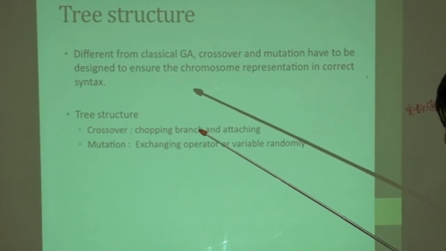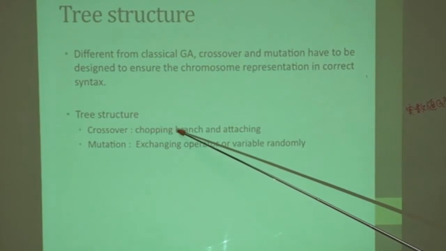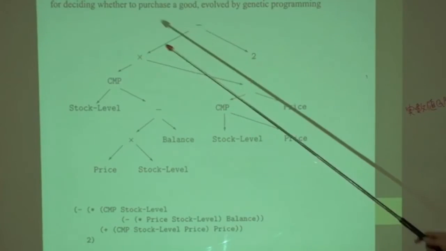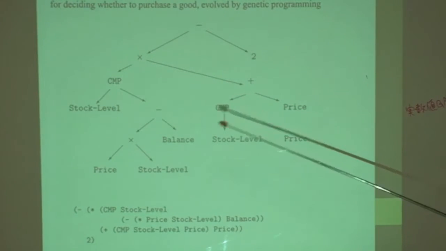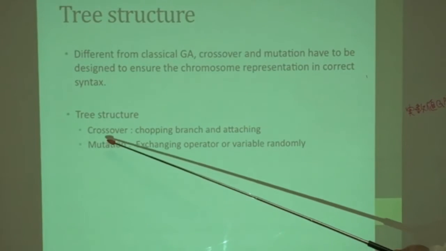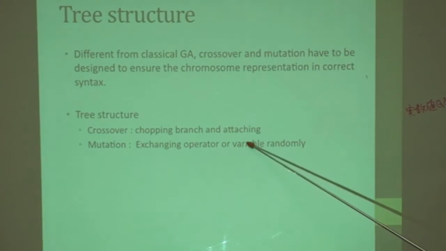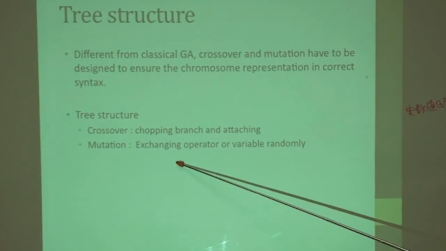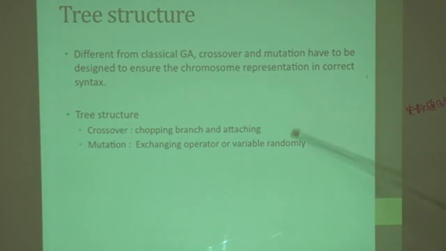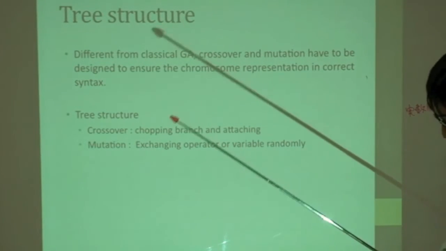And crossover is chopping a branch and attaching it, and mutation is exchanging operator or variable randomly. For example, plus, minus, okay, or variables randomly.